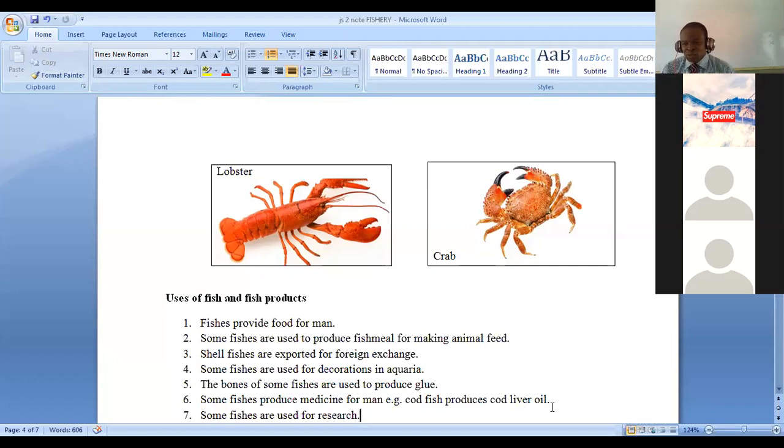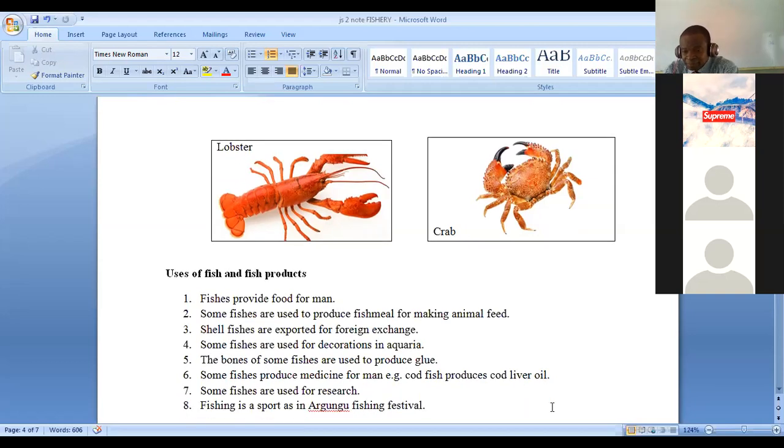So that's a form of research. Now, all fishes can be used for research. Some people carry out their research on oceanography. They study everything in the sea, and of course, they are studying the fishes also. It's a branch of science. So some fishes are used for research.